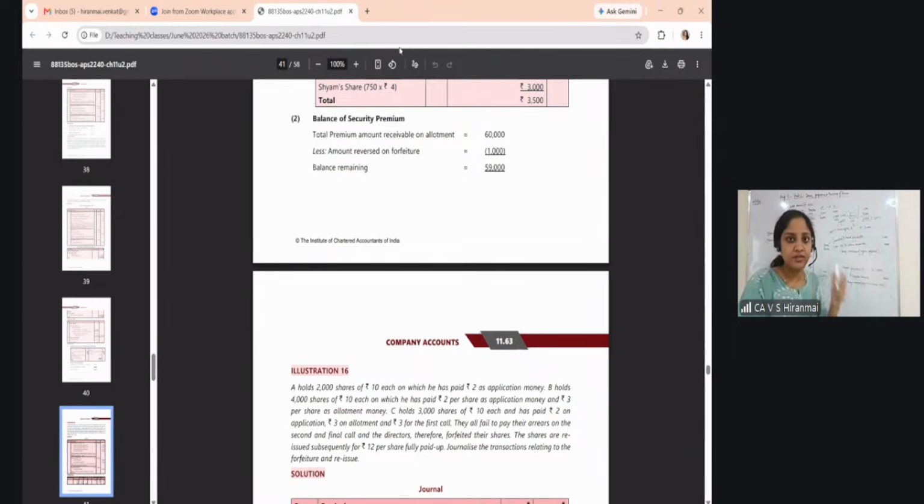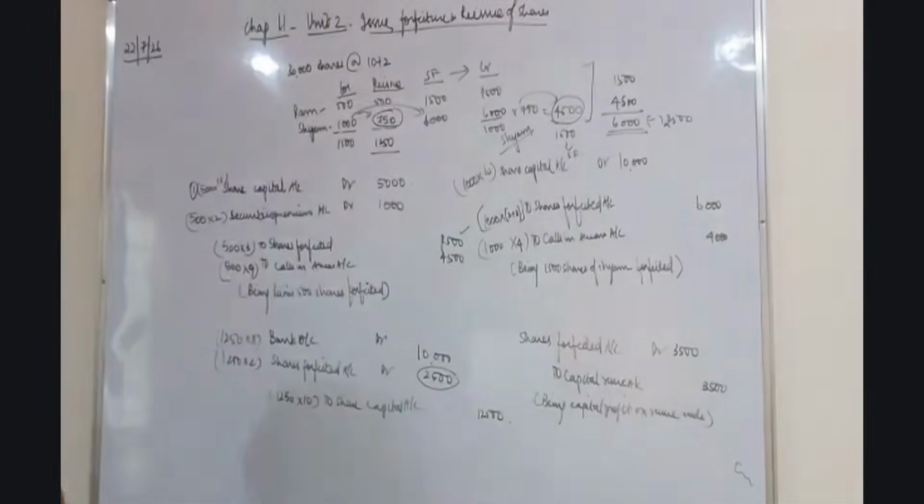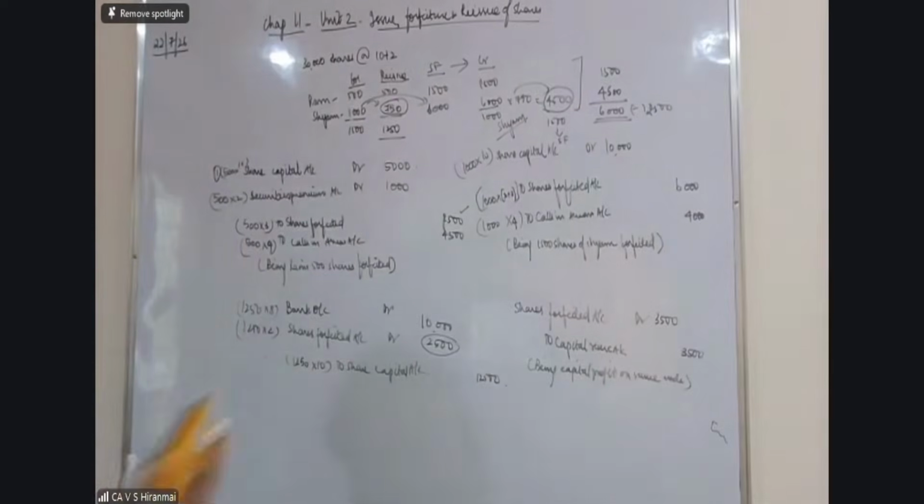So here we are now. So here now we are going to write very clearly A, B, C, and what they have done.